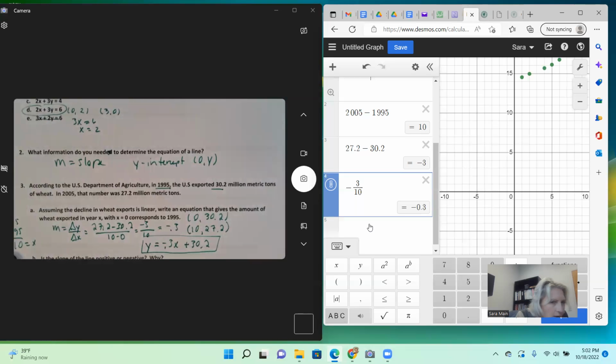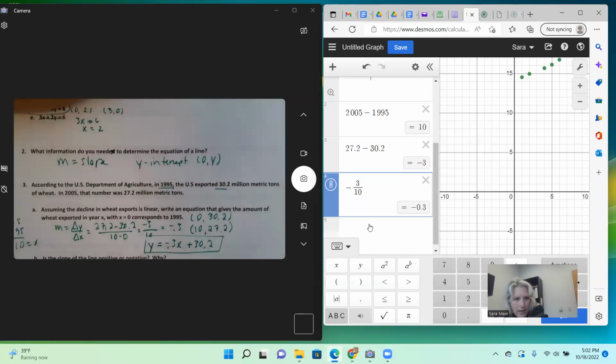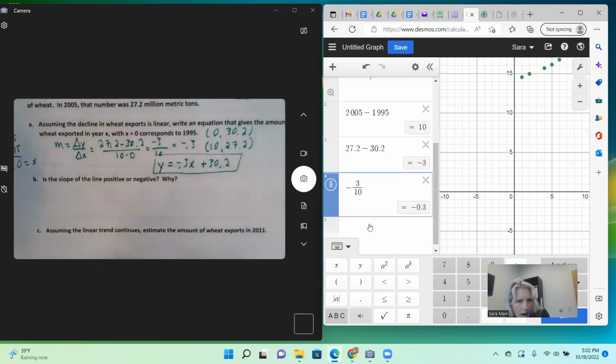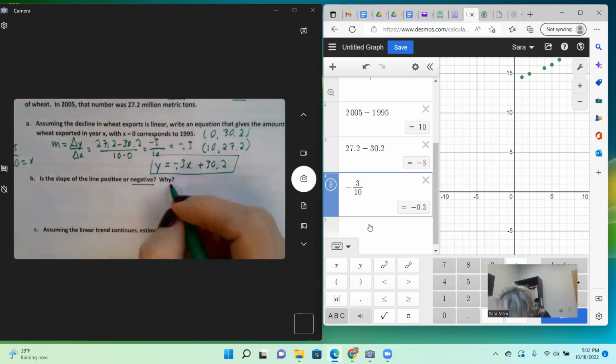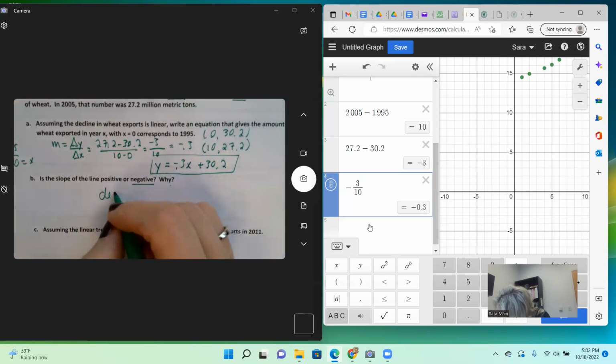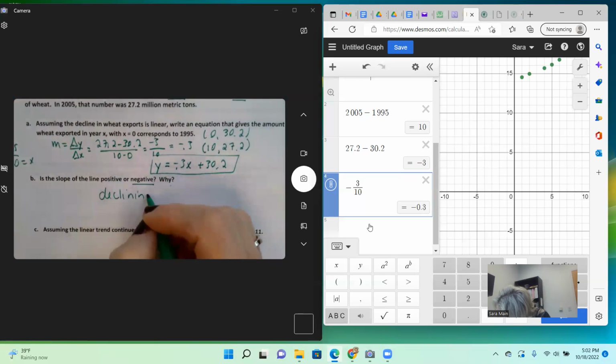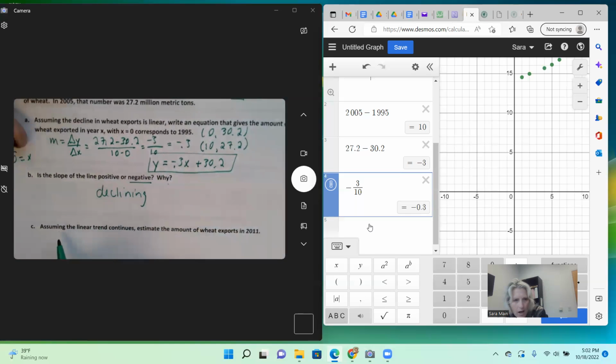And then it says, is the slope of the line positive or negative? And it's negative, and we know that because it's declining. They told us that. Assume that the linear trend continues. Estimate the amount of wheat exports in 2011.